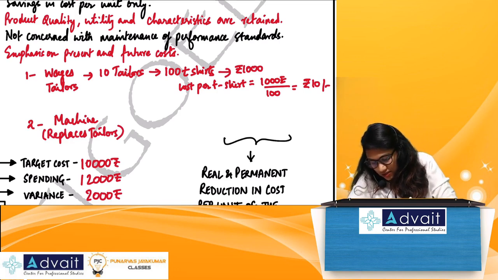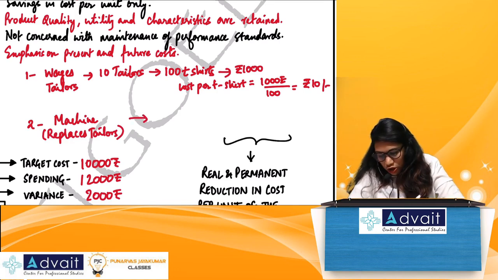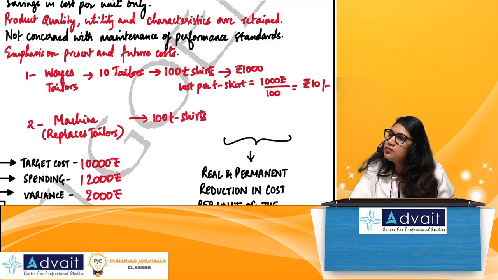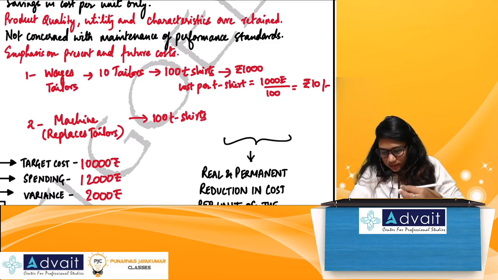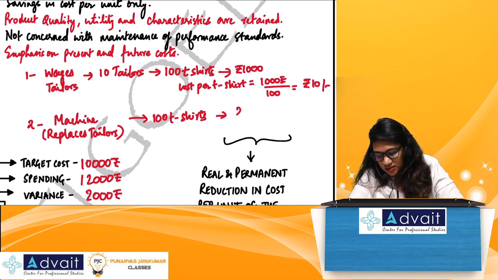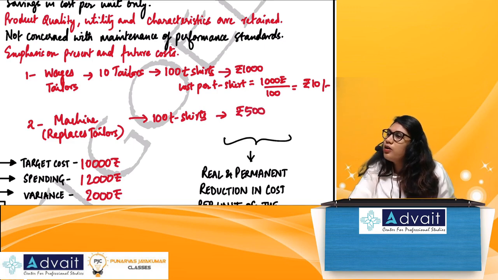Correct? Now this machine will also manufacture 100 t-shirts, but the cost associated with this machine for manufacturing 100 t-shirts is only 500 rupees.